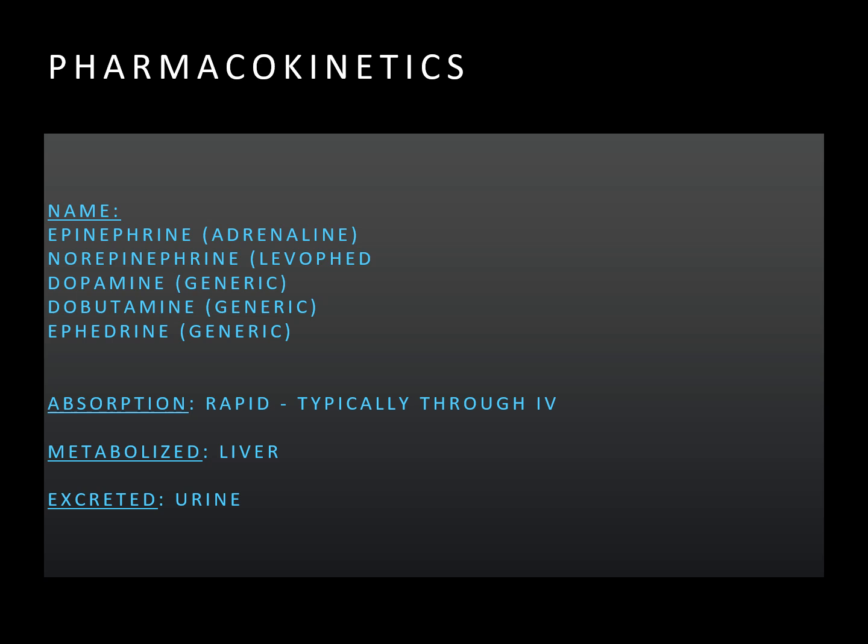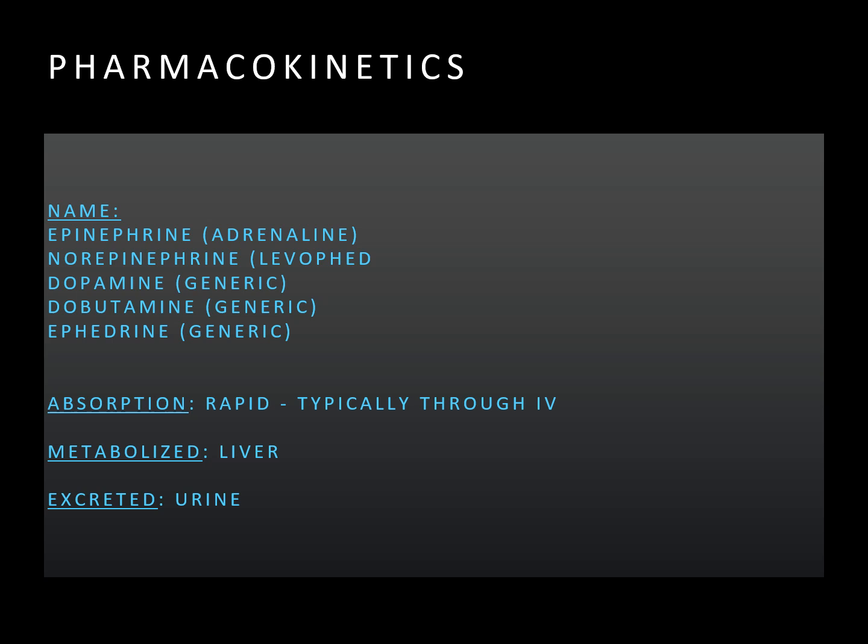Now, the next few slides, we're going to talk about the pharmacokinetics of these adrenergic agonists, also neurotransmitters. Remember, they're kind of interchangeable, and these slides are going to be grouped together. So it's not going to be individual pharmacokinetics for each individual neurotransmitter. It's pretty generic. These are all the same medications: epinephrine, norepinephrine, dopamine, dobutamine, and ephedrine.